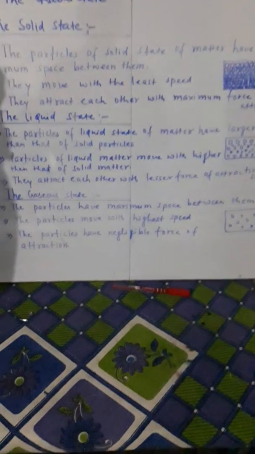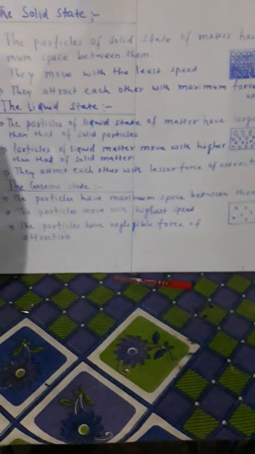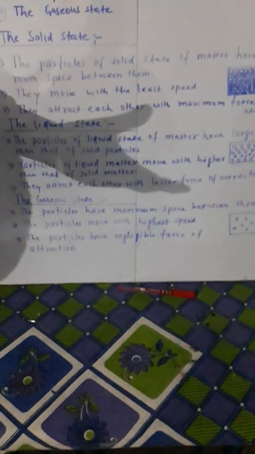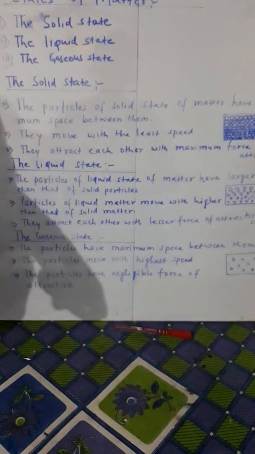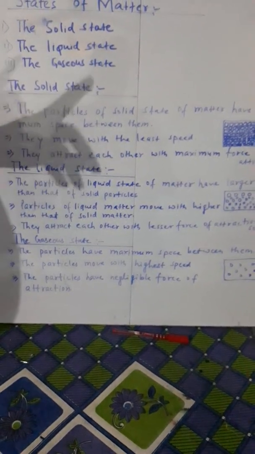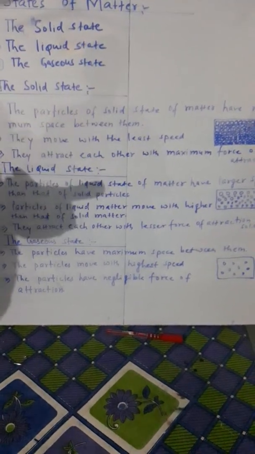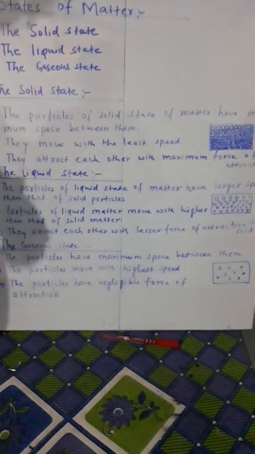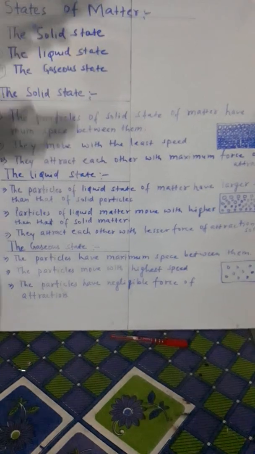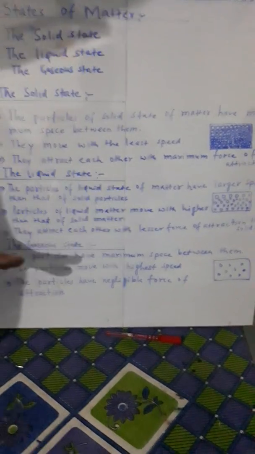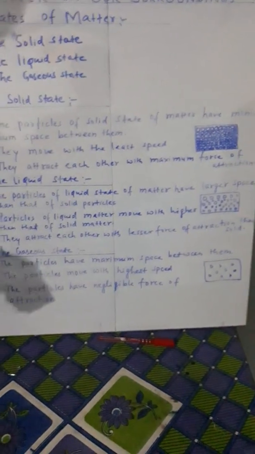It is due to diffusion only. The aroma particles of food and the air are both in the gaseous state of matter. They mix into each other easily and reach us at a faster rate.